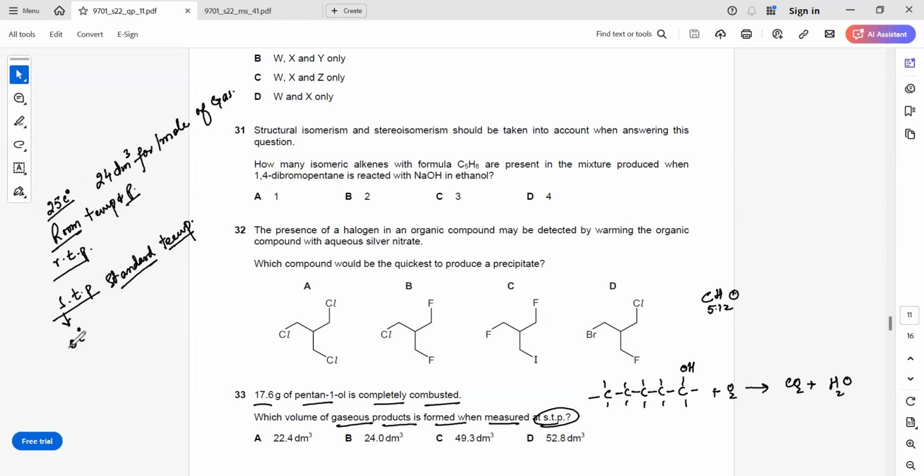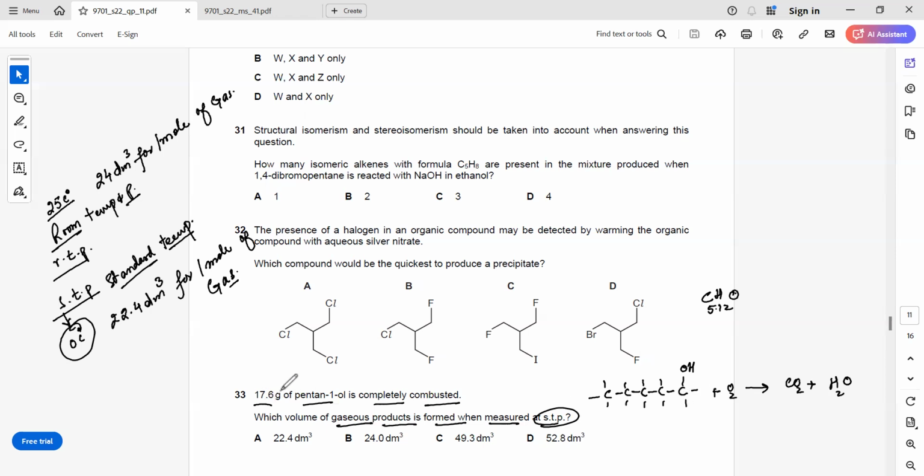And when we take 0 degrees Celsius, it's a lower temperature, so at this temperature 1 mole of a gas occupies 22.4 dm cube. That is the molar volume of a gas for 1 mole of gas. Clear? So now let's calculate from this information.